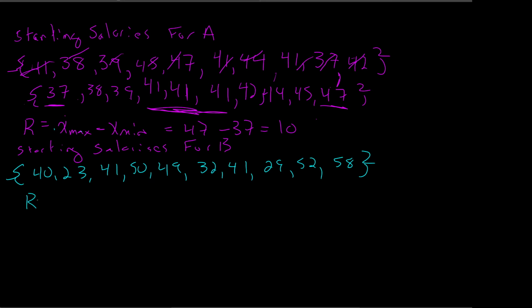And the range for this data, we'll put them in order eventually, but we'll find that the range for this data is, let's see, so 23 is the smallest, and 58 is the largest. So 58 minus 23, or 35. And so we have a different range between the two.